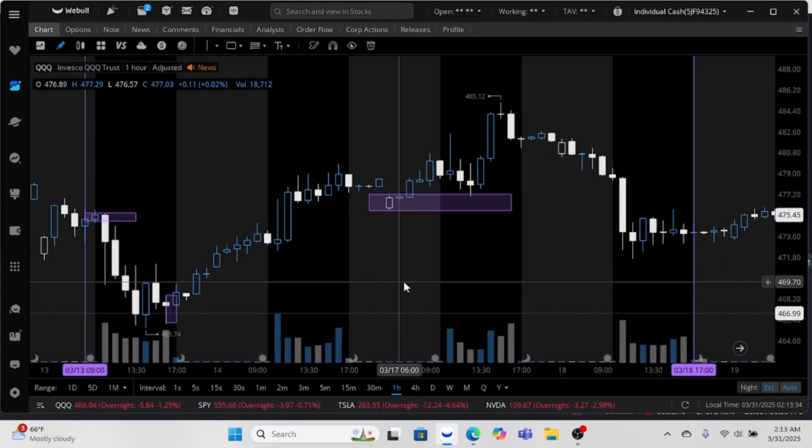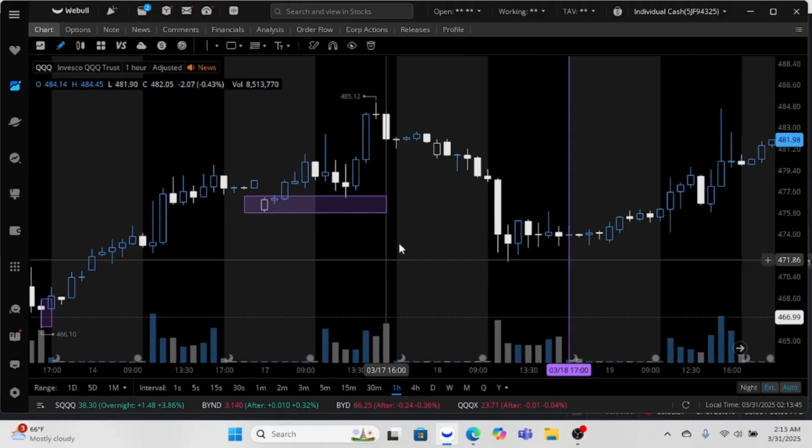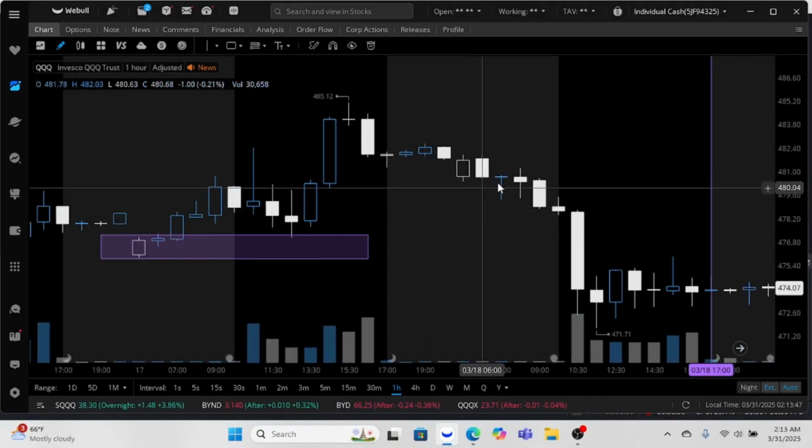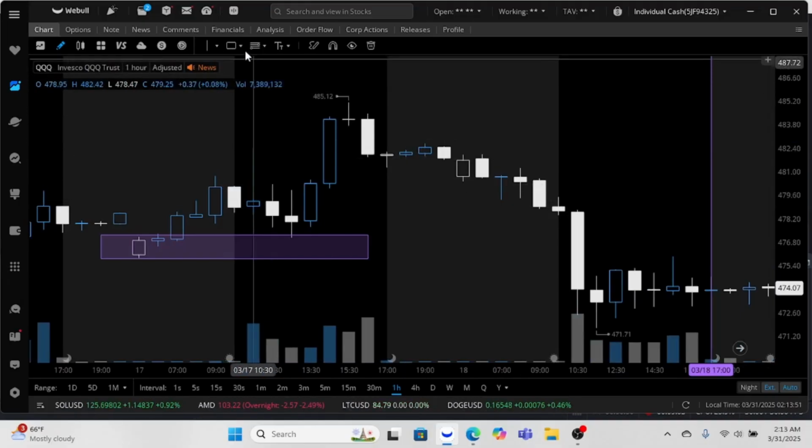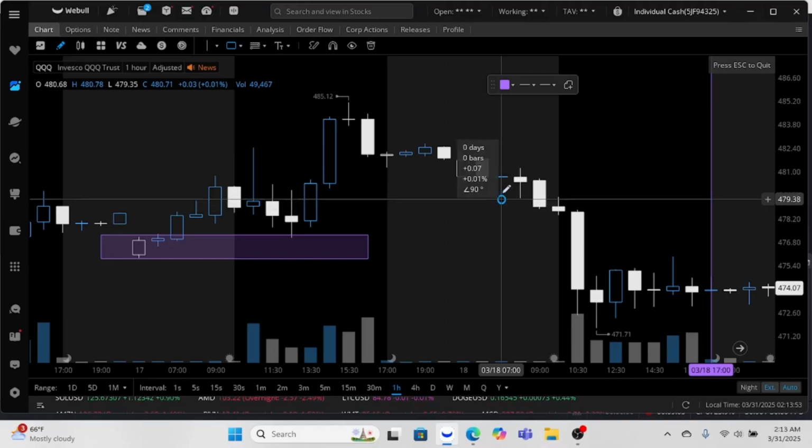And let's look for another bearish order block. So we have one right here. And one right here. Let's mark out this one.